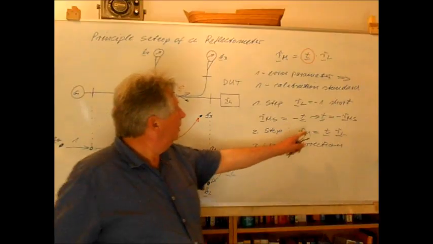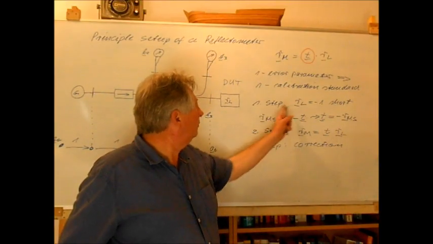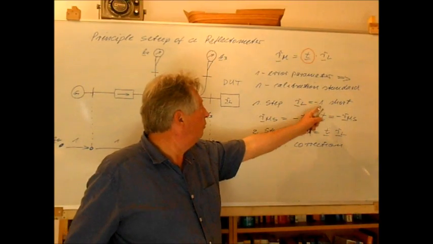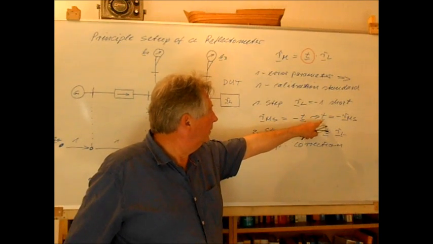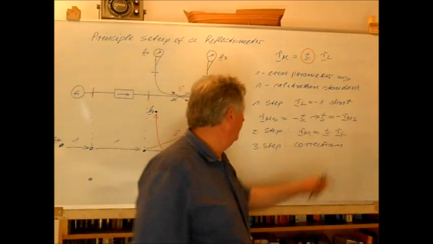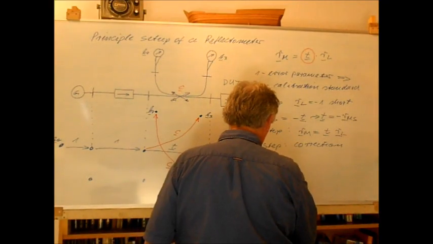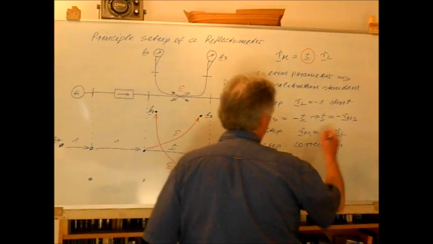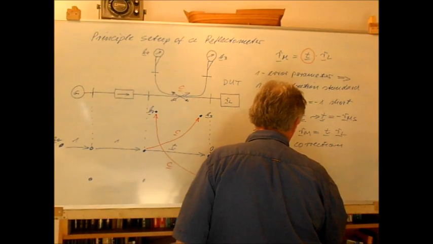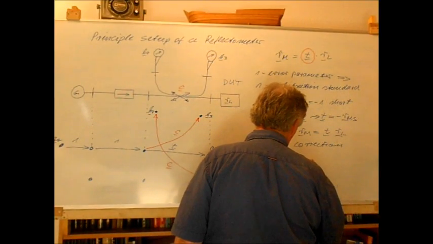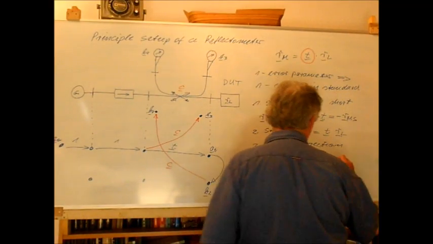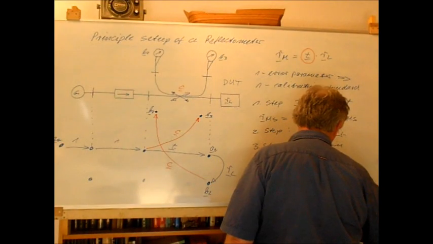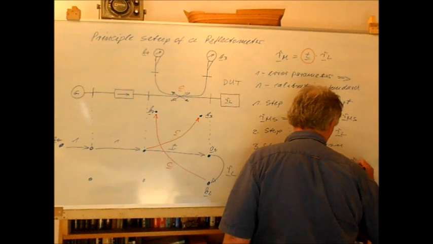This means, since we measured the known reflection coefficient, we can in principle calculate the transmission factor, and from this equation we find that RL is equal to 1 over T times Rm, which is equal to 1 over minus RMS times Rm.